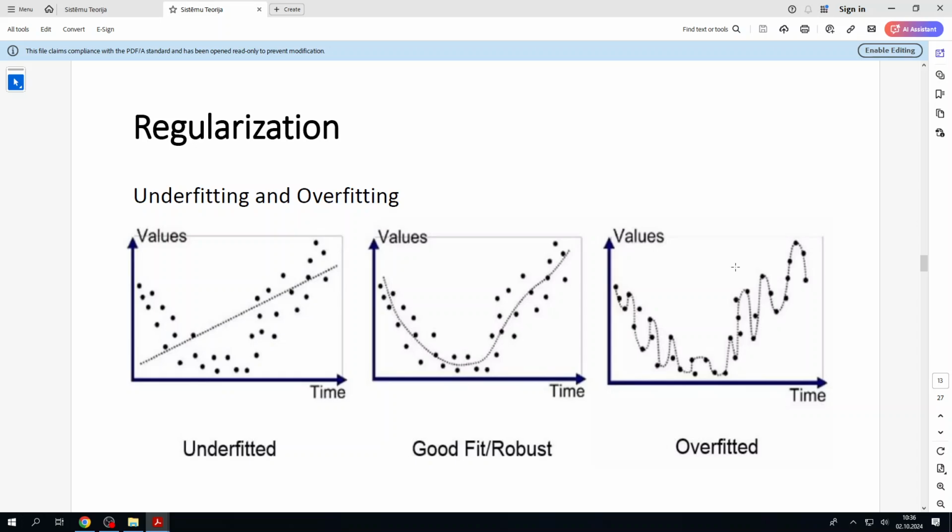It's maybe not as accurate as the third picture, because the third picture goes precisely through all of the points, but that is not our goal to start with. Obviously the first picture is worst because this line does not describe the data set well enough. Now, why is the second picture the best choice here, not the third one?